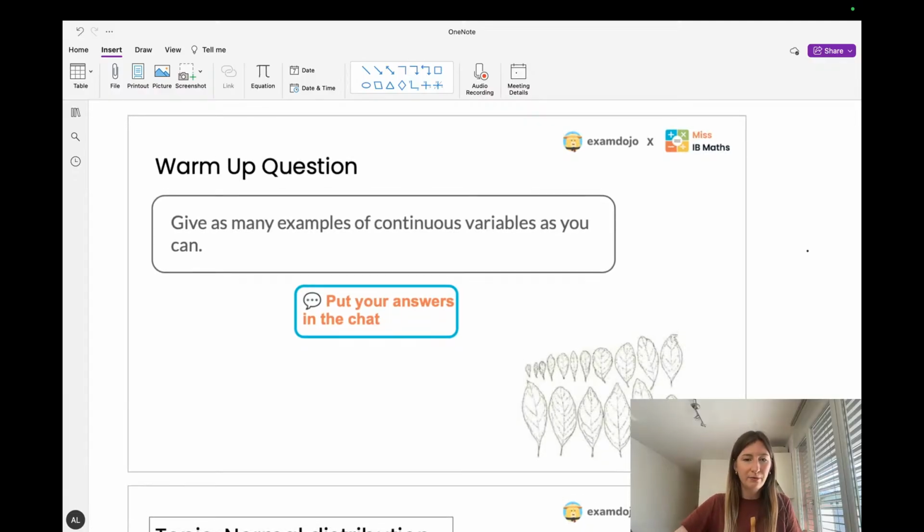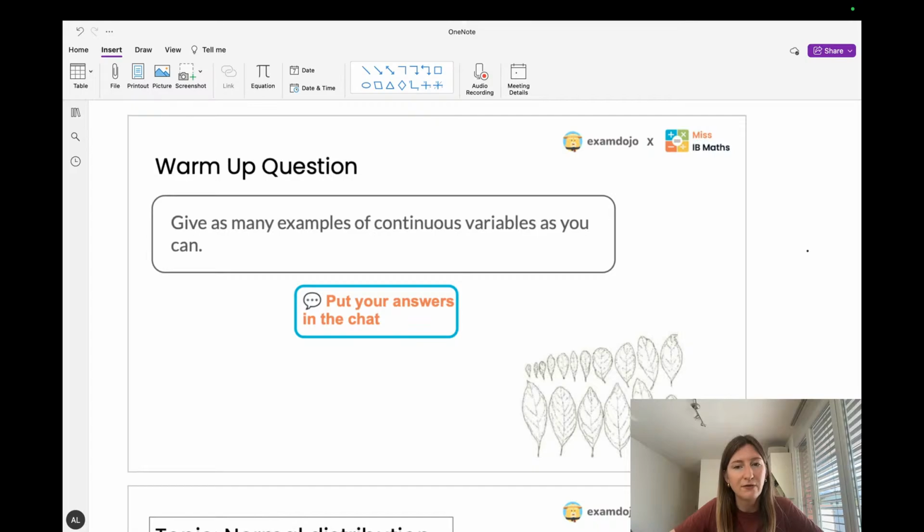A little warm-up question to get our maths brains working. Give as many examples of continuous variables as you can. Put your answers in the chat. So continuous variables versus discrete variables. In our first session, we were looking at binomial distribution. So discrete variables take very specific values.